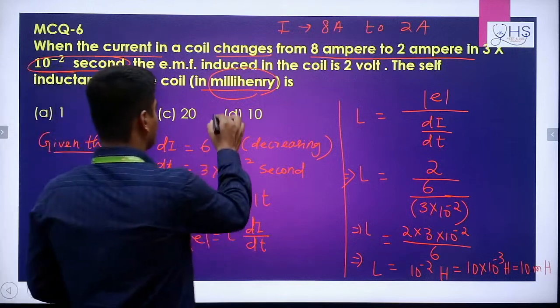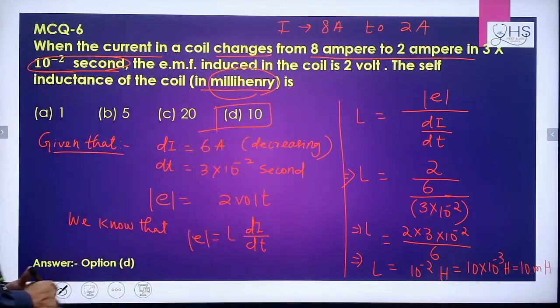So check the answer here: option D is coming, 10 milli.